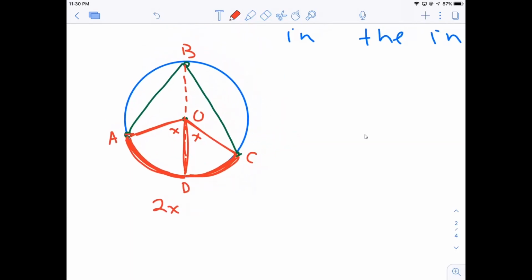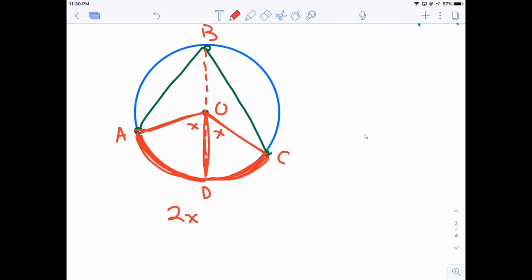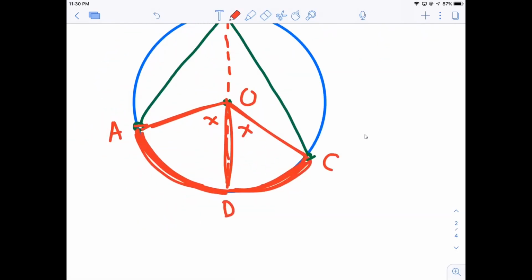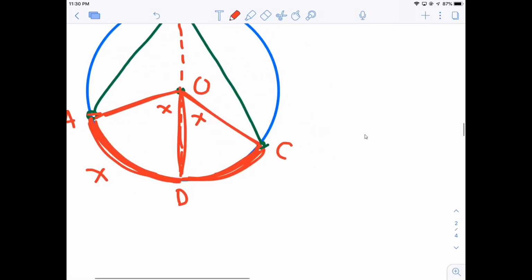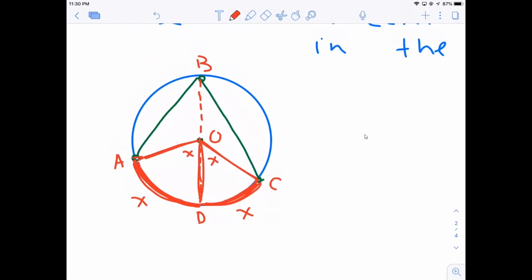Sorry, let me redo that. Measurement of arc AD would have a measurement of x. The measurement of arc DC would have a measurement of x degrees. And from the first case, we know that this chord here is also a diameter.